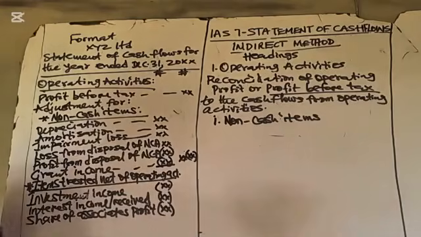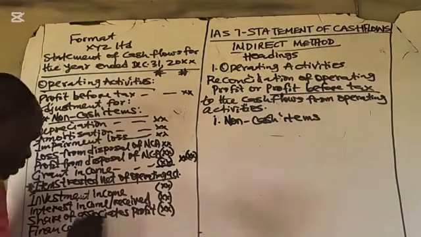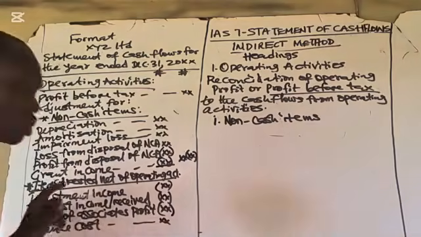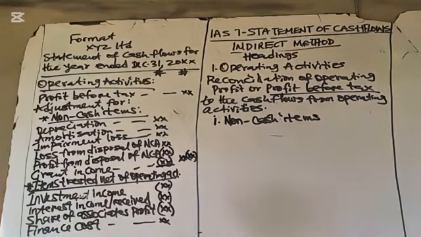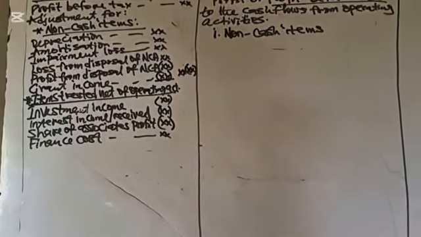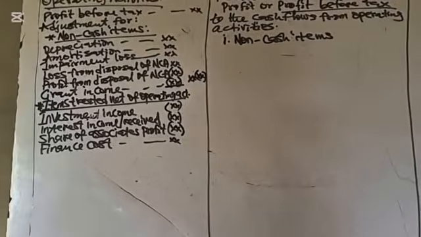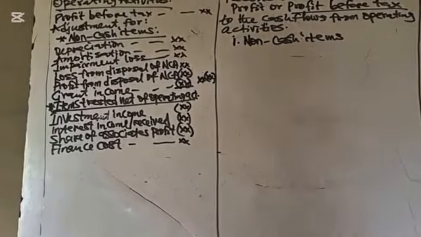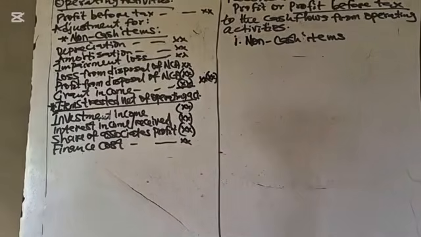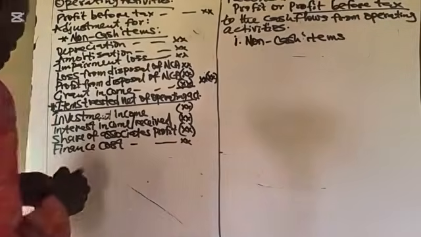Then your finance costs, which will be used to calculate the interest paid. Finance costs on their own have been subtracted earlier. Since the finance costs have been subtracted, this time you will add them to neutralize the effect or the impact of that finance cost from the profit. So we add the finance cost, if any.